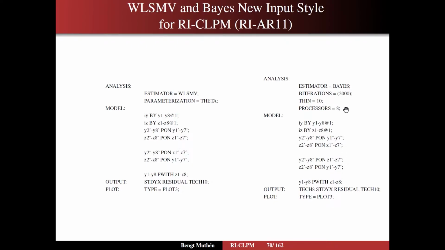Processes equal 8 to make it go faster. That can be used also for WSMV. And other than that, the model is the same as for WSMV on the left.